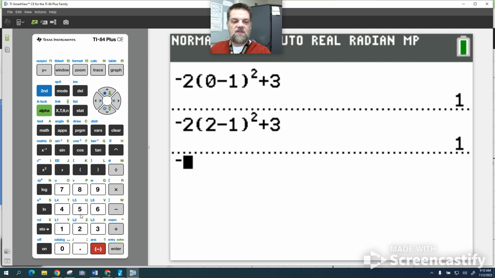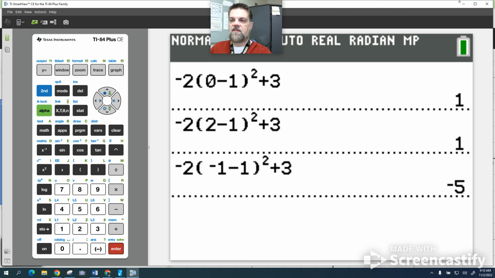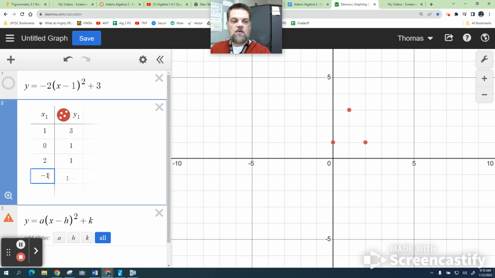So we're going to do -2, and now for x, we're going to plug in -1. Make sure you get the right signs or you'll get an error. Plus 3. Well, I get -5. So when x equals -1, the math cranks out a -5. Whoops. 5.